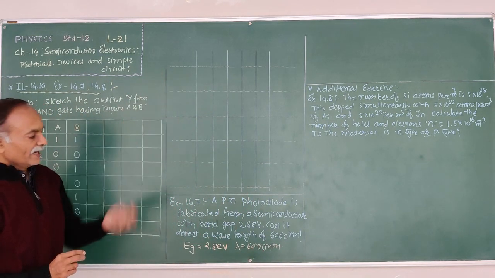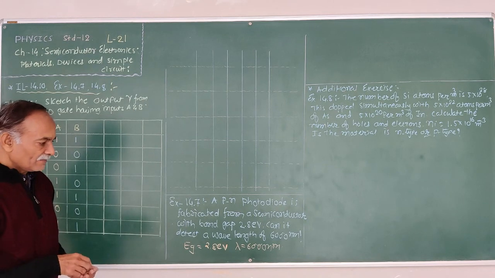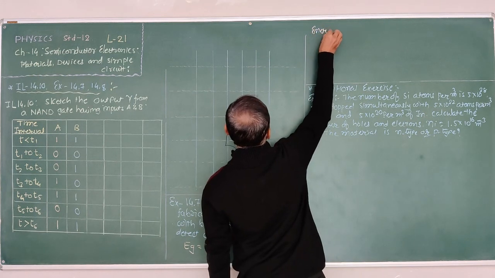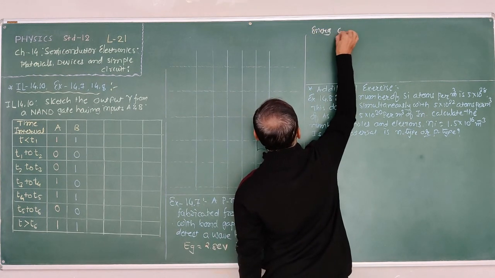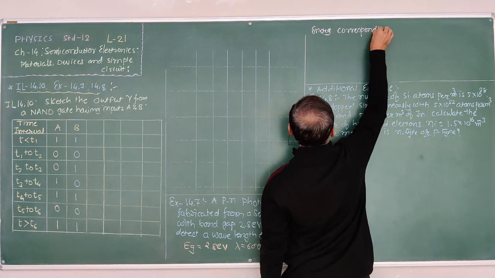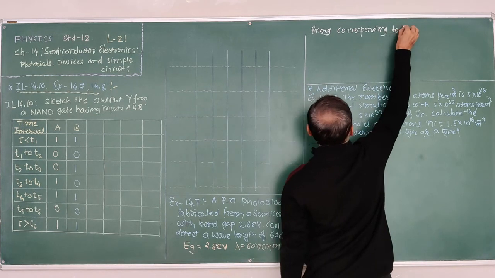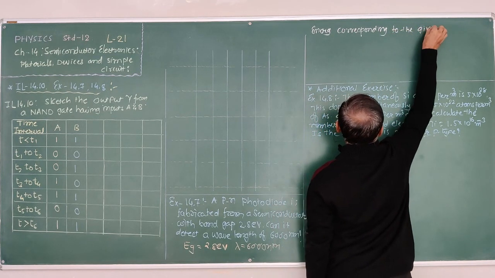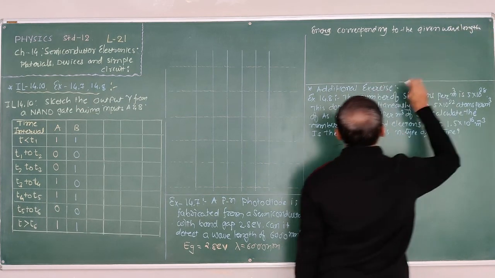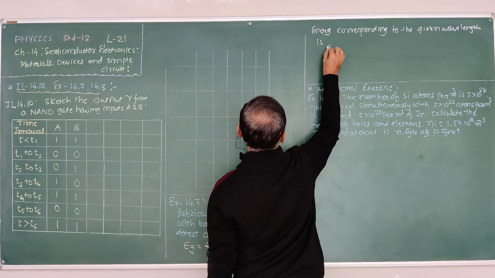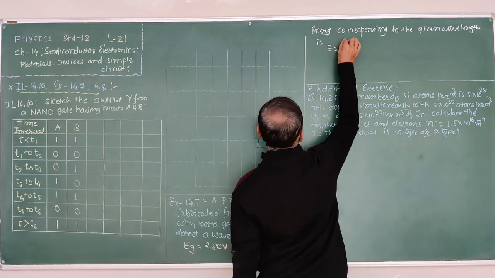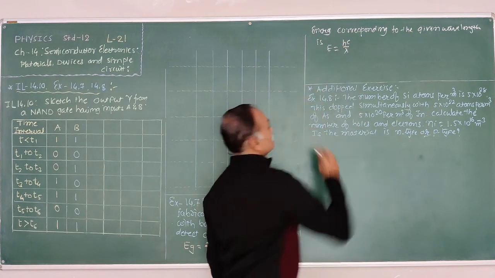Therefore, the energy corresponding to the given wavelength lambda is E equals hc upon lambda, that is in joule.